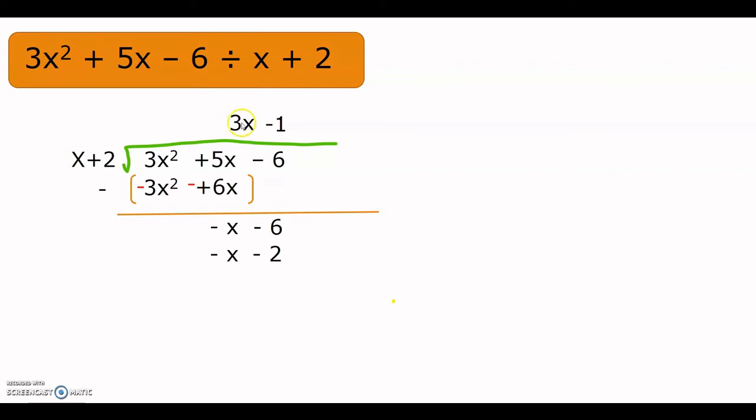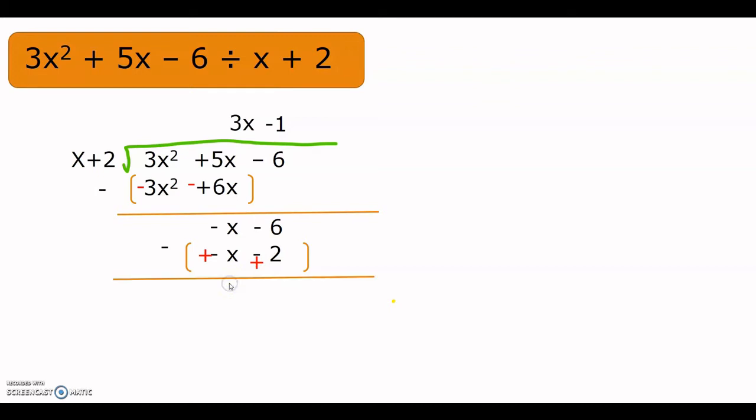Then negative 1 times 2 is equals to negative 2. Again, apply distributive property. So negative times negative will be positive. Negative 2 times negative will be positive.